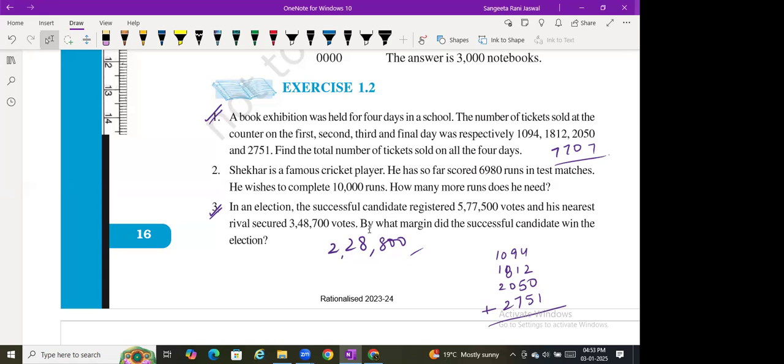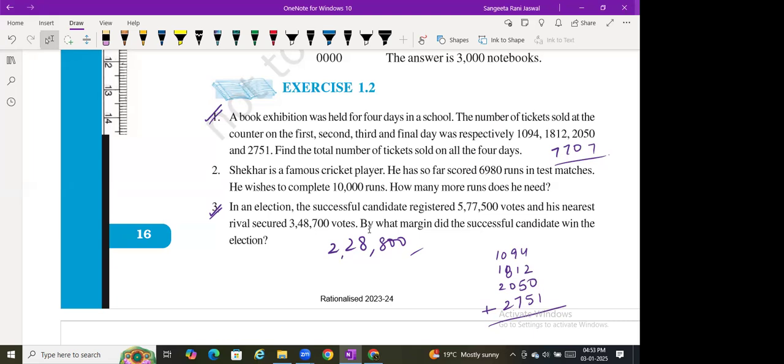Okay. So can you do it quickly in your notebooks with the statements? Yes, these are very simple questions, but only thing is that you need to speed up your work. Okay, speed and accuracy matters here. The questions are very straightforward.